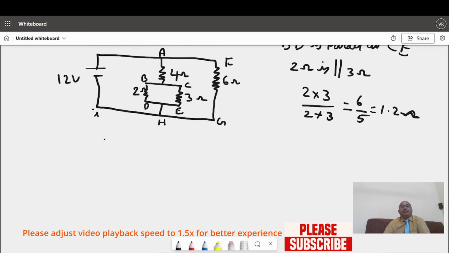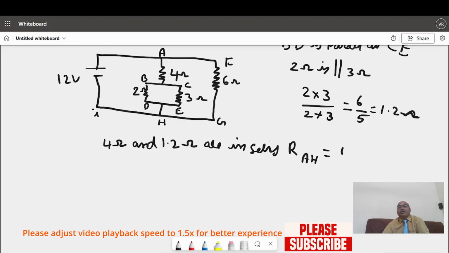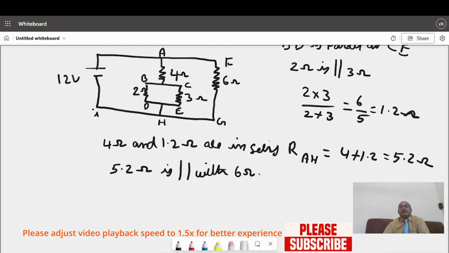After that, 4 ohms and this 1.2 ohm are in series. So the resistance of AH is equal to 4 plus 1.2, that is equal to 5.2 ohms. This 5.2 ohm resistor is parallel with the 6 ohm resistor.